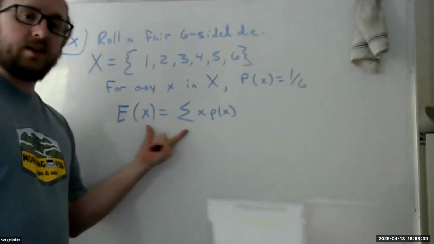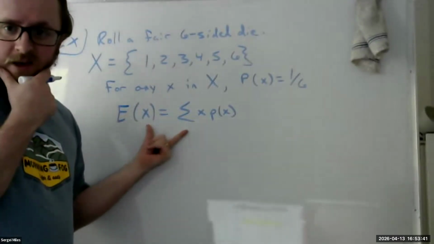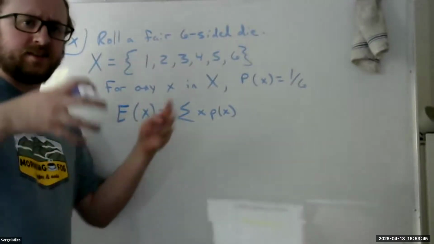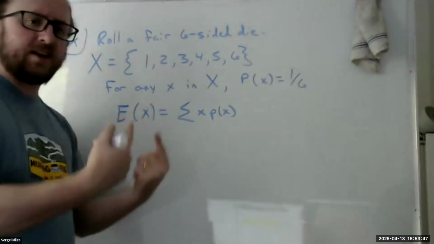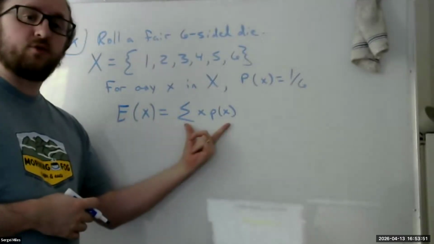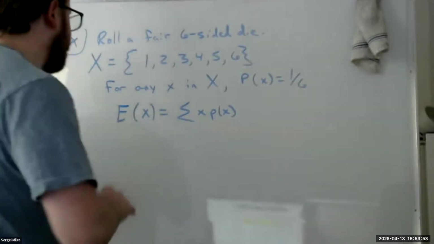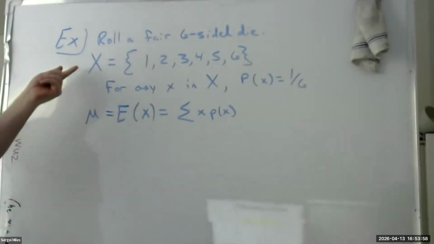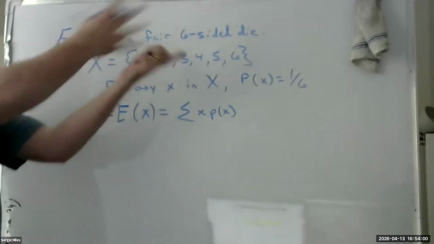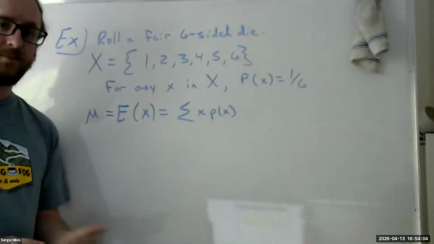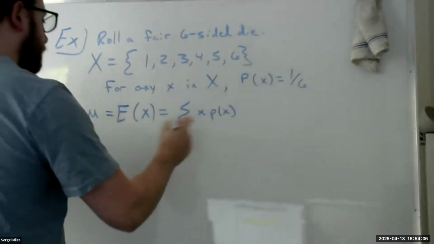So you might recall doing this, I guess this would have been a week ago for this class, since this is a faster paced class. This was our formula we used for calculating expectation, or in other words, finding the average, where in this case we're talking about the average for the population of all possible die results from a six-sided die. Okay. So we can put this into our formula.